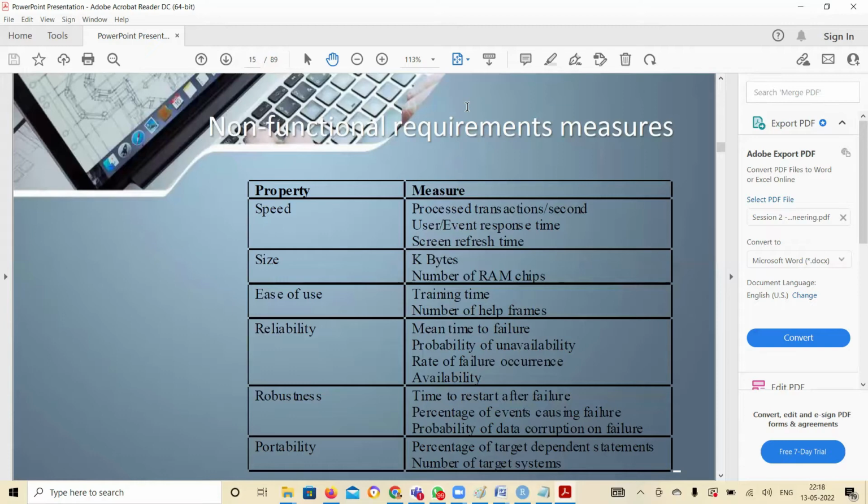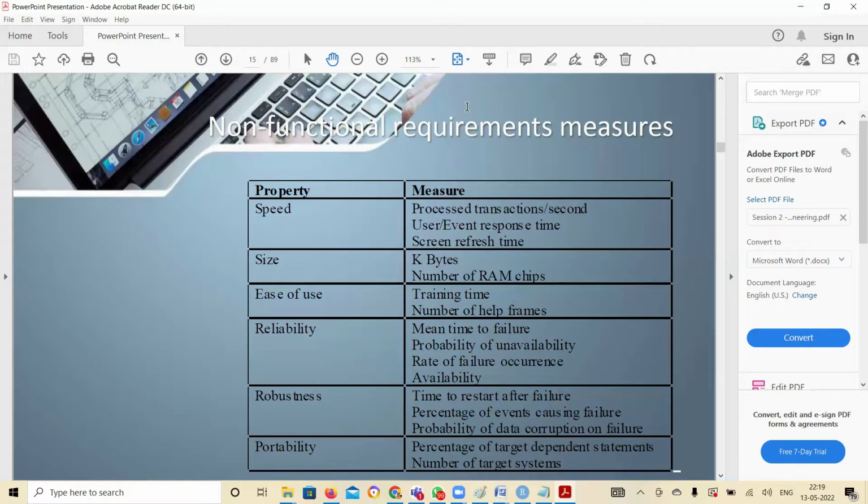Ease of use is measured by training time. The shorter the training time, the better the product. You are able to use the product better, right? Longer training time means your product is difficult to use, correct? Then you have the number of help frames. Any application you go to, you will see help on the top, right? How many help frames are there?